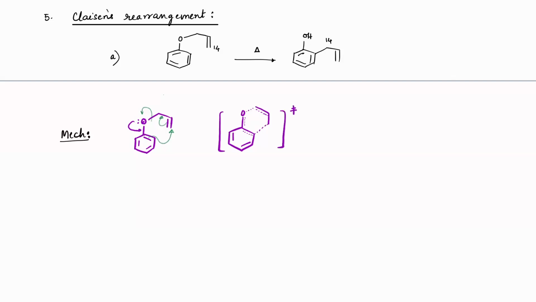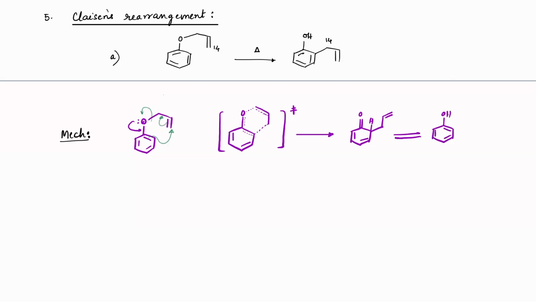Since it is a 6-member transition state, it is likely to happen this way, and you will get this as double bond O with double bond here, hydrogen here. Okay, double bond like this, and then it gets proton transfer, getting into aromatic form.